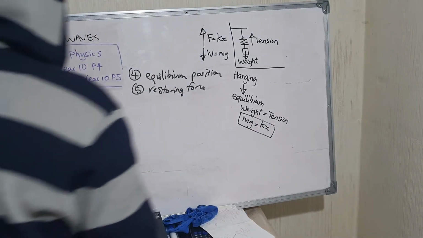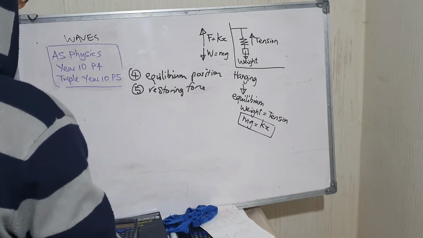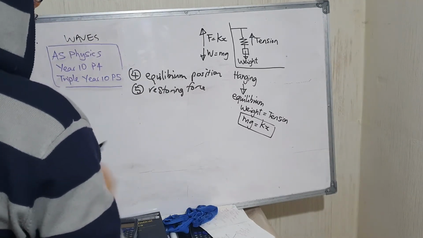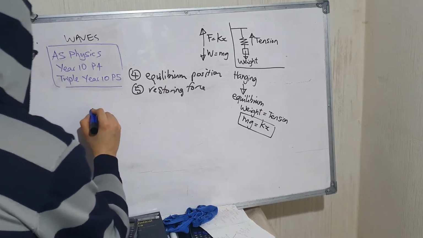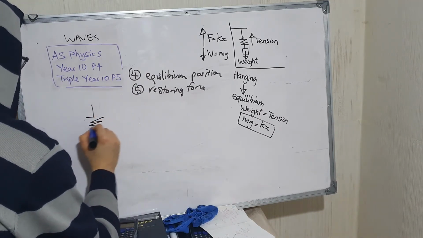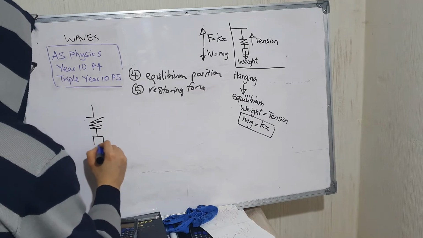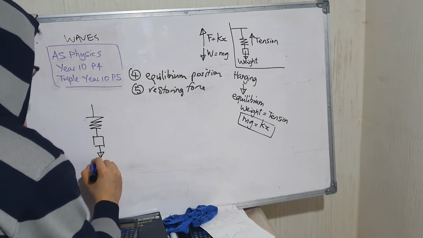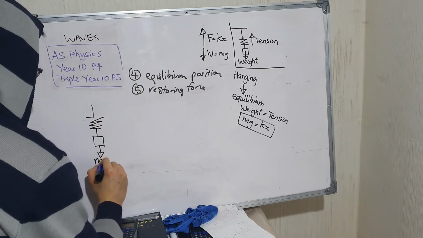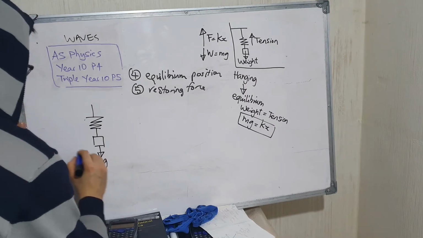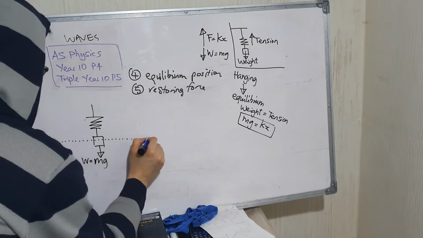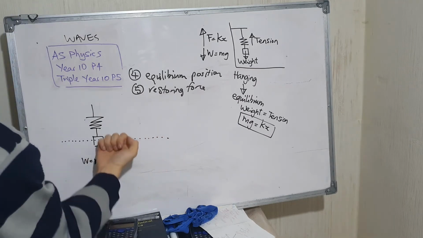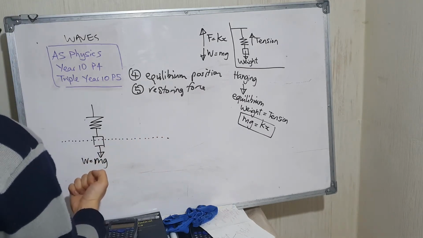All right, so what do we mean by equilibrium? Well, let's just explain a bit further. So here you've got the spring and you've got the mass. So you've got the weight, W equals mg. This is the equilibrium position. Now, supposing you pull the mass down.